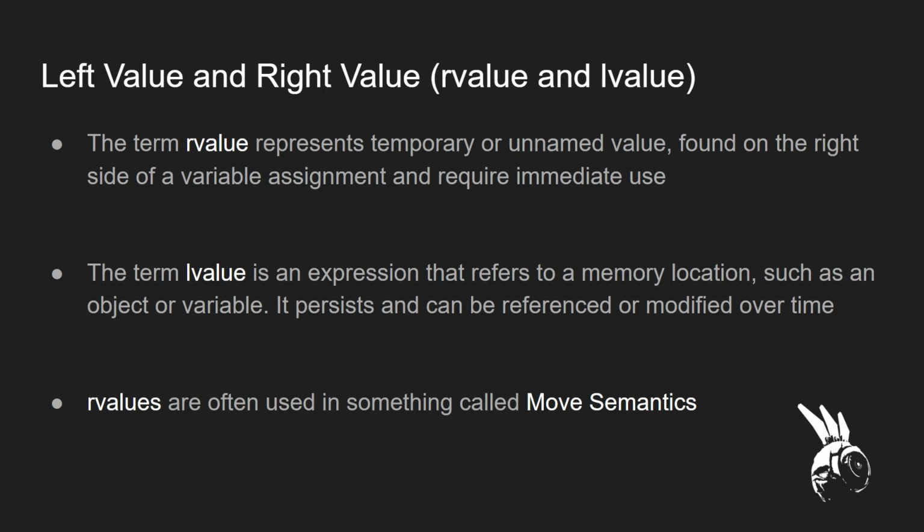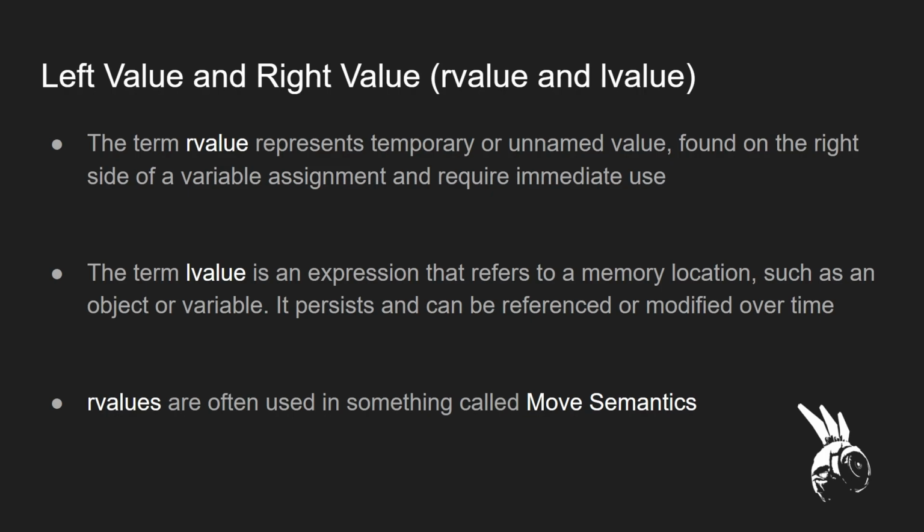All the R value means is it's the right value of a variable declaration. If you have a value type of int, it's called value, and it's got the equal sign and it's equal to 21, then 21 is the R value. It's that temporary unnamed value on the right side of the variable assignment.